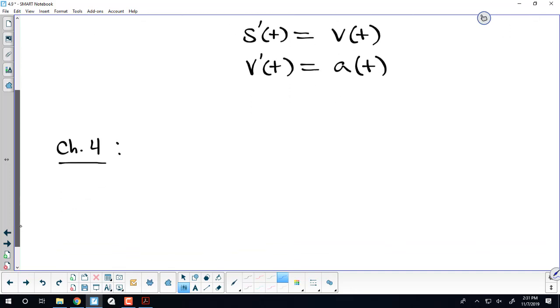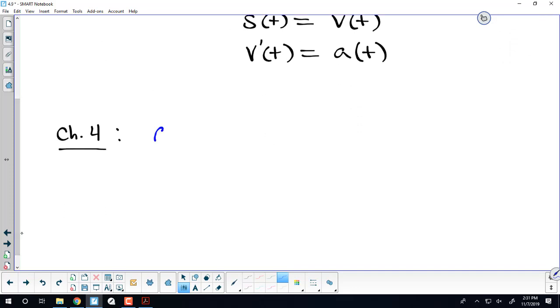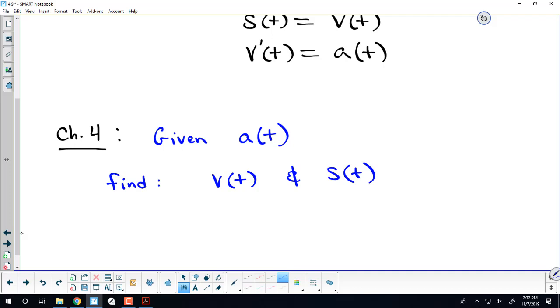But in chapter 4, we're given a of t and we find the velocity and the position. So with antiderivatives, we're reversing the process.